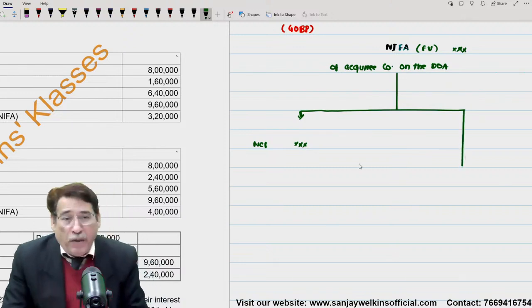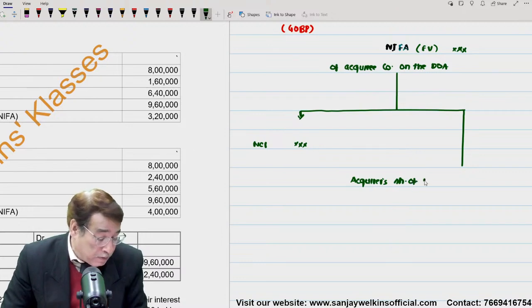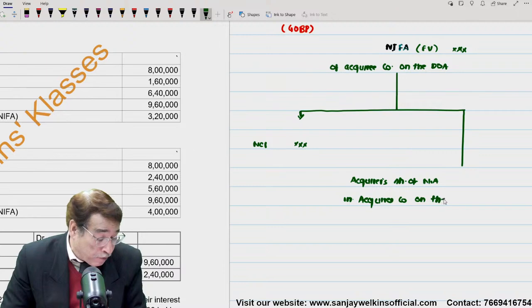Whatever remaining assets will be there will be known as acquirer's share of net assets in acquiring company on the date of acquisition. Is it clear to you?